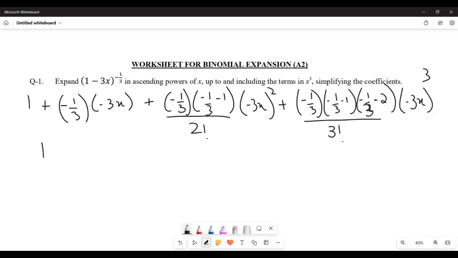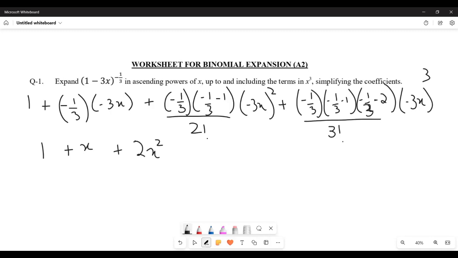So first term is 1, second term is x, third term would be bracket minus 1 by 3 bracket close times bracket minus 1 by 3 minus 1 bracket close times 9 divided by 2 factorial, which is giving me 2. So plus 2x square.